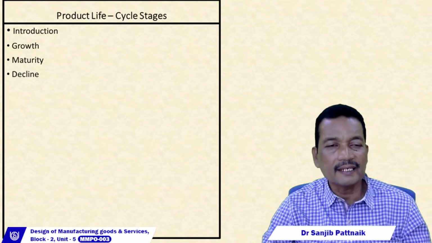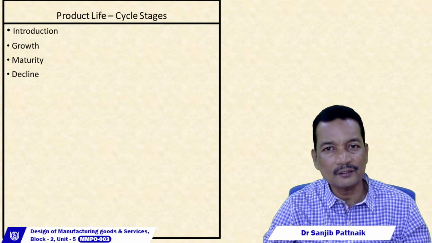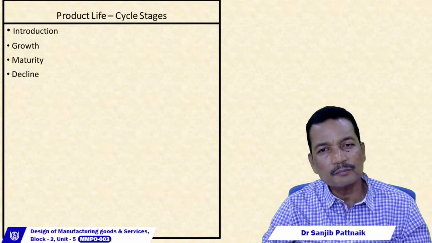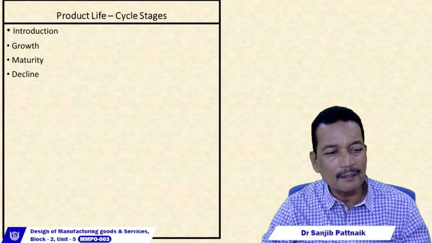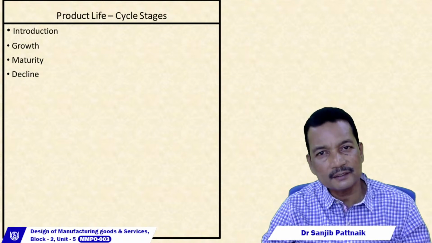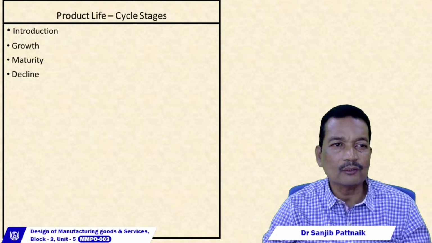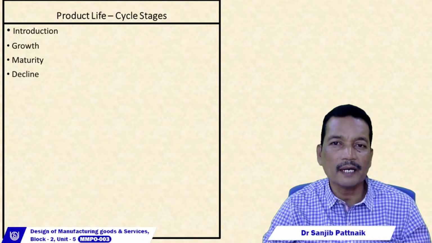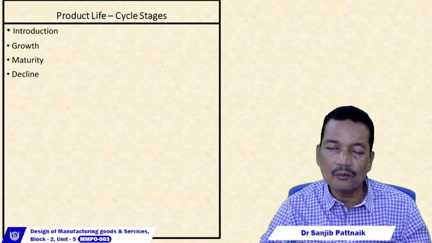When a product gets introduced into the market, or a new product is sent to the market, most of the customers, almost all of the customers, do not have an idea what the product is for, what purpose it is going to serve, how to use it, or the producing cost will be higher as the volume of production is very, very low.